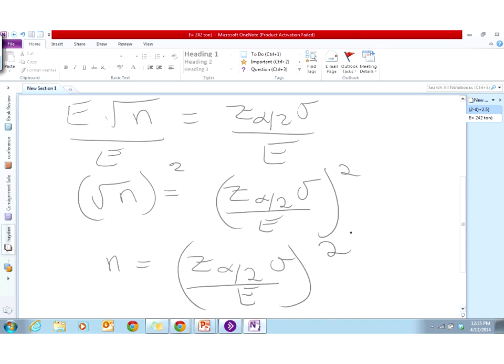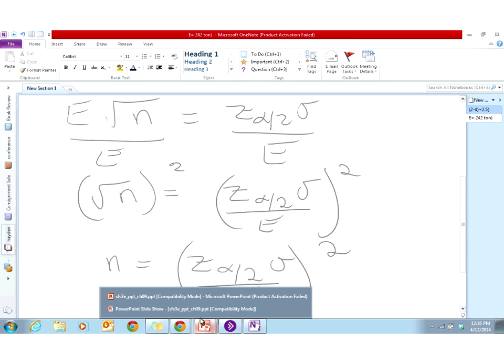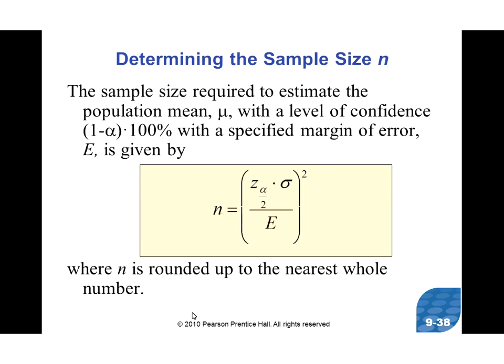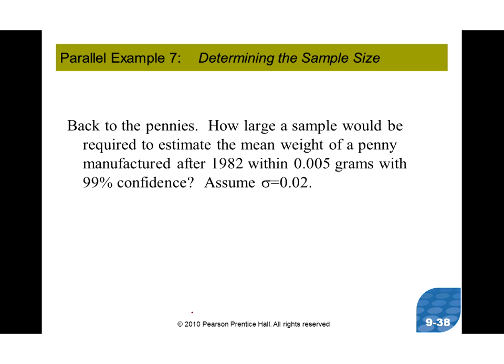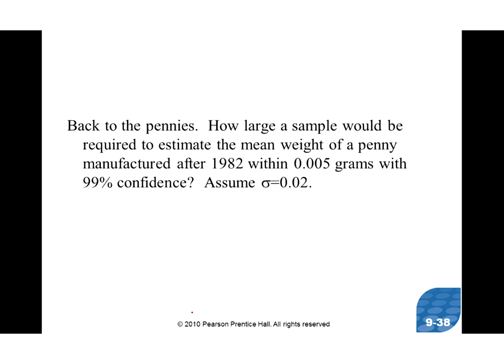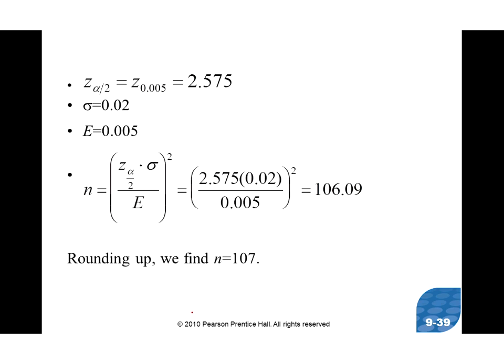So that's all they do. You won't be able to use StatCrunch to do this for you. You will have to use this formula, but I just wanted to show you how simple it was. All right, so they give you a margin of error of 0.005 with a 99% level of confidence. Same sigma equals 0.02, so they just plug it into the formula.